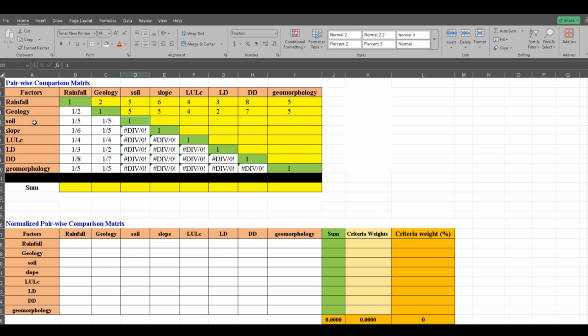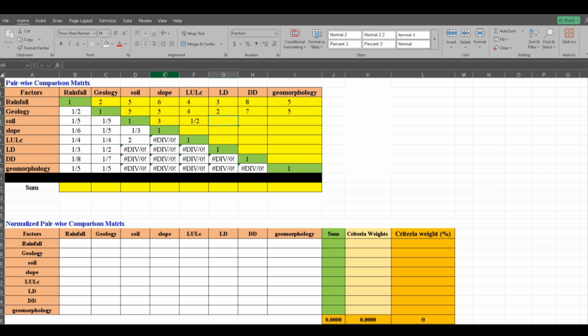Now, I will assign a Saaty scale value for soil versus slope. Soil is moderately important. Soil versus land use land cover. Land use land cover is weakly important. Therefore, I will assign 1/2. Soil versus lineament density.